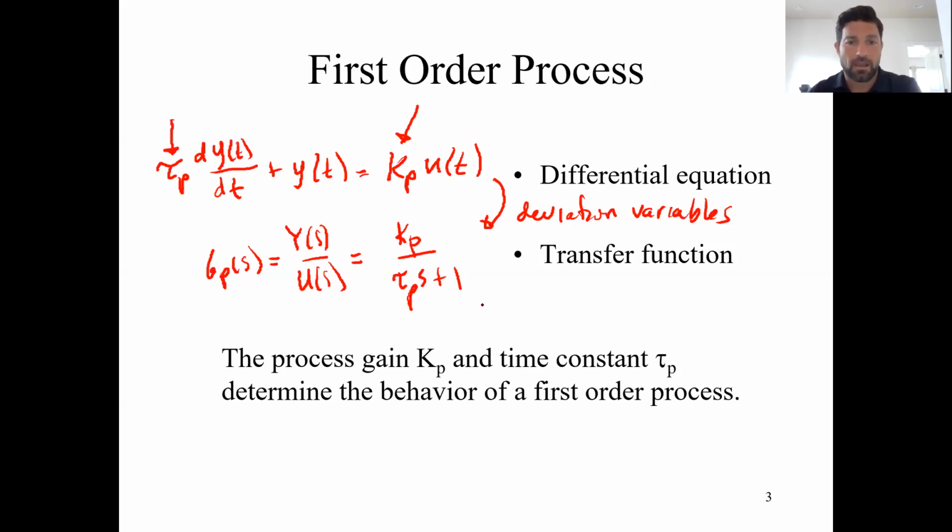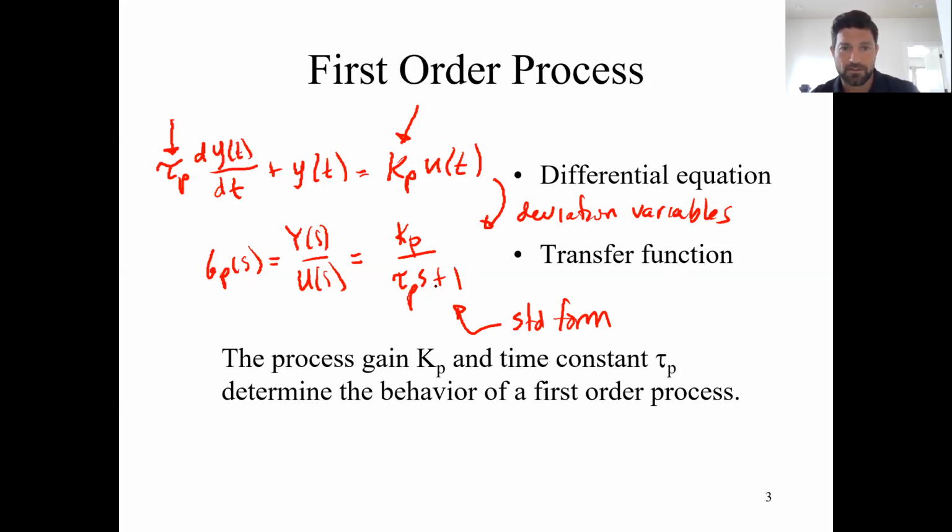And one of the things that's going to be important here is that we need to put this into standard form. For the analysis that we're going to do in this chapter, in terms of using the transfer function to sketch the dynamic behavior of the output variable, or take data and convert it to a transfer function, we have to have it in standard form.